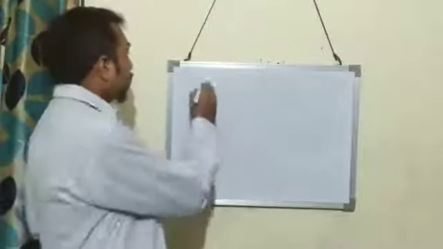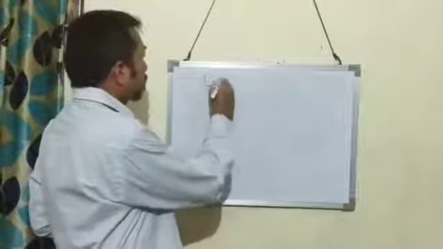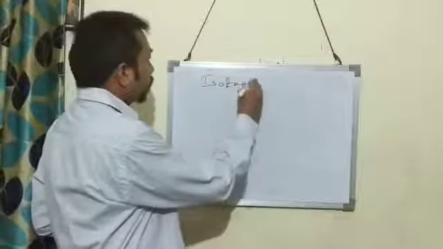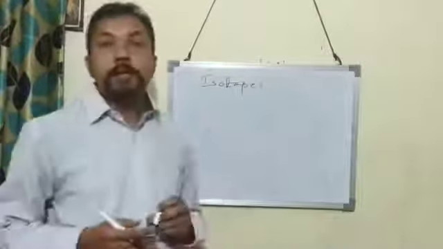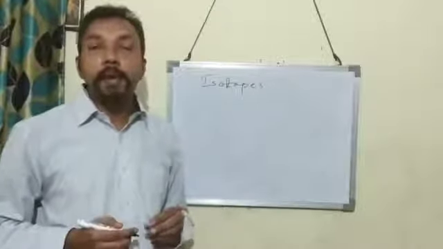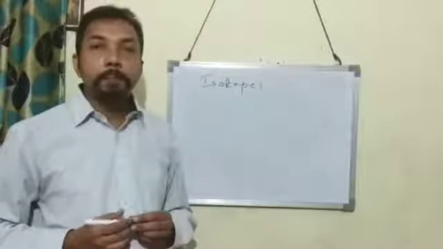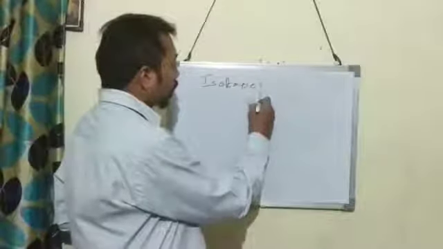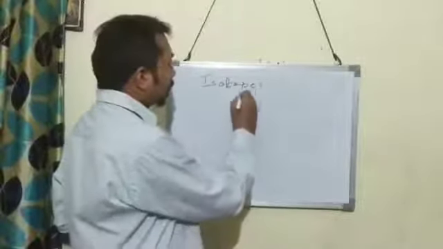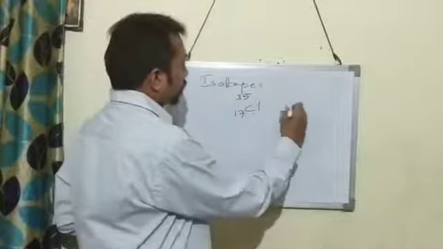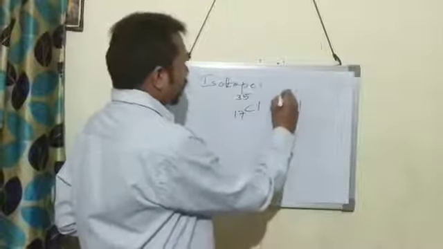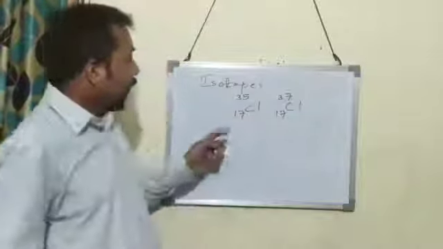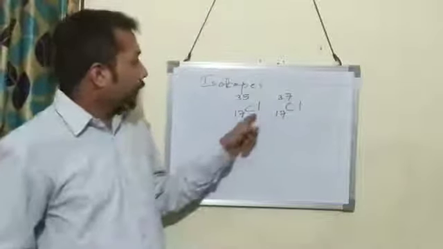Now the next topic is isotopes. The isotopes are the atoms of the same element having same atomic number but different mass number. For example, chlorine, its atomic number is 17. So here you can see these are 2 chlorine atoms.